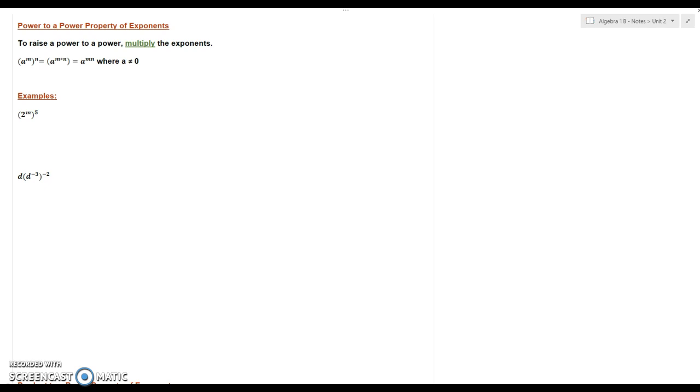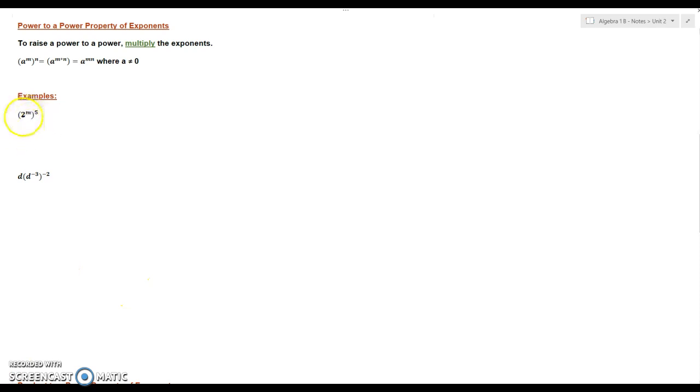This property says that to raise a power to another power, we have to multiply the exponents. So in math terms, we see that (a^m)^n equals a, the base stays the same, and we multiply the exponents, m times n. So we get a^(mn). So let's take a look and practice a few together.